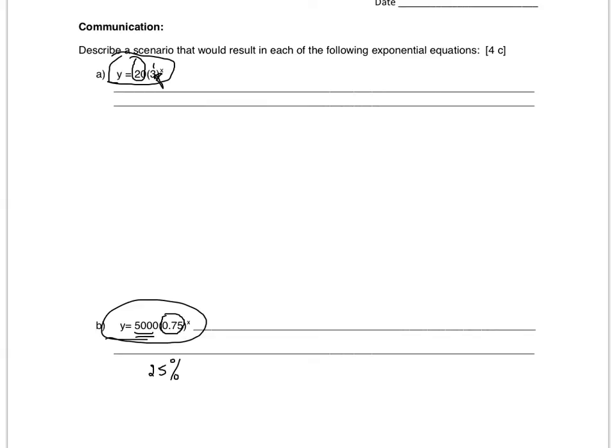Now the reason we said 25% is that you subtract this base, because it's less than 1, from 1, you get 0.25, then you multiply 0.25 by 100%, you get 25%. So initial value is $5,000 and the price of the car decreases by 25% every unit of time.